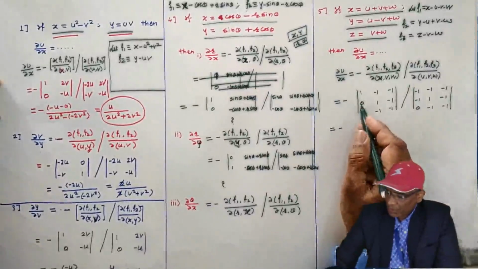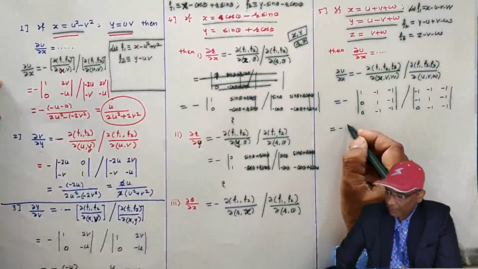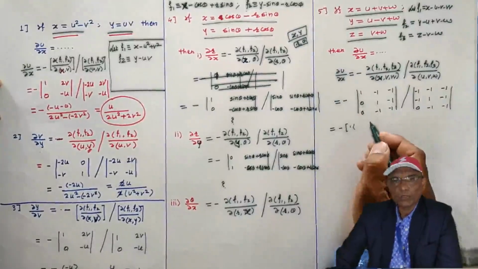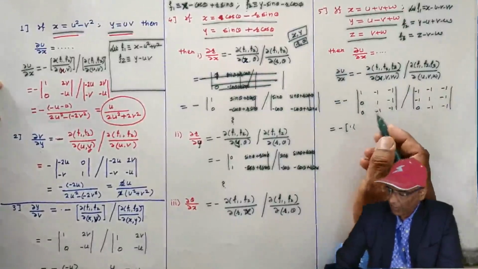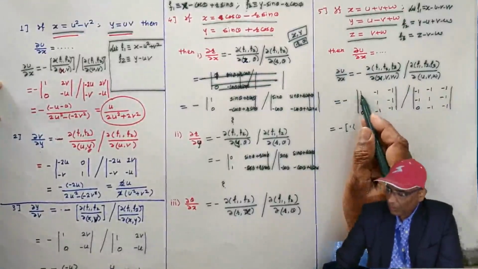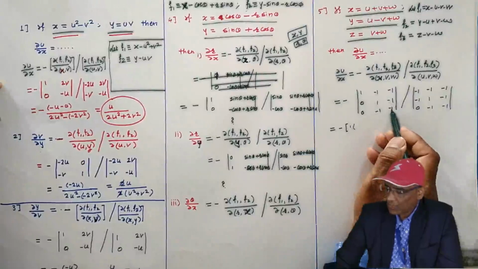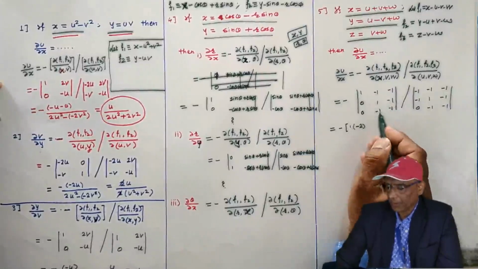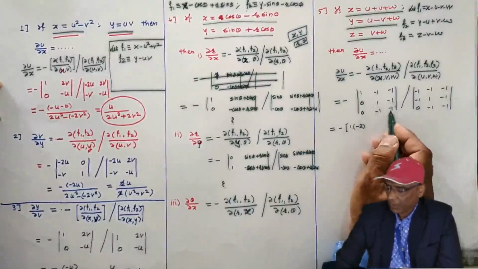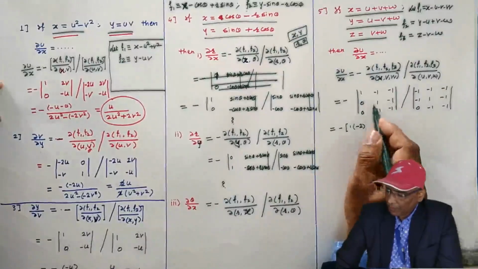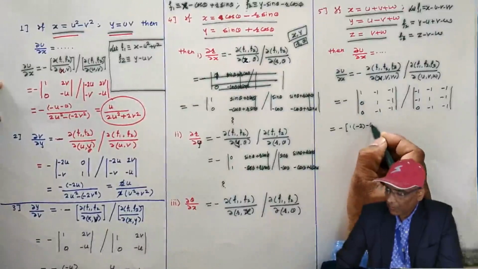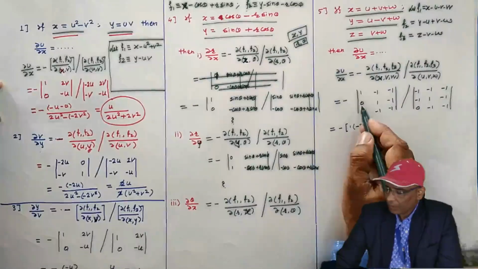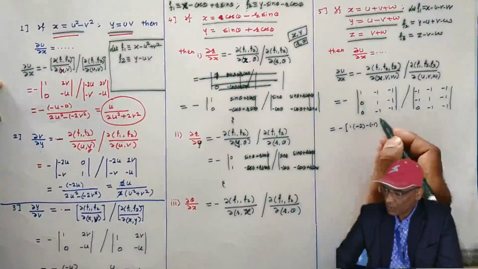If you try to simplify it, what will happen? See, 1. Okay, you can use a calculator to get the value also. And the minor of 1 is what? The product of these two is minus 1, minus 1, minus 1 is minus 2, directly. Okay, minus 1, minus of 1 is minus 2. Minus sign by default in the formula. Minor of minus 1, leave this column and row. The product of these 2 is 0, the product of these 2 is 0.